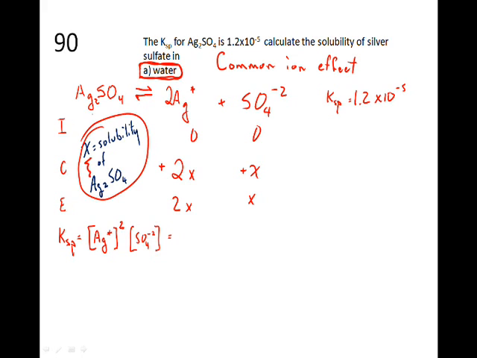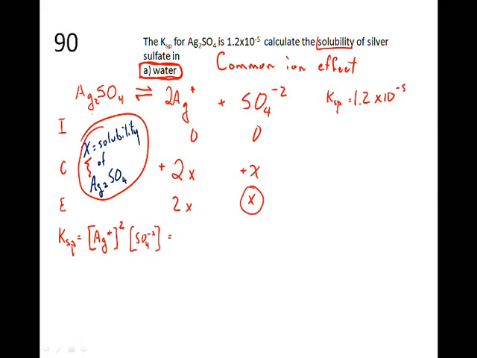And in this particular case, that's just going to be x that we solve for down here, because the amount of sulfate in solution is going to be the same as the amount of silver sulfate that dissolves, the same number of moles. Now you could convert that to grams from moles if you needed to, but if you just said solubility, you can leave it in moles per liter.